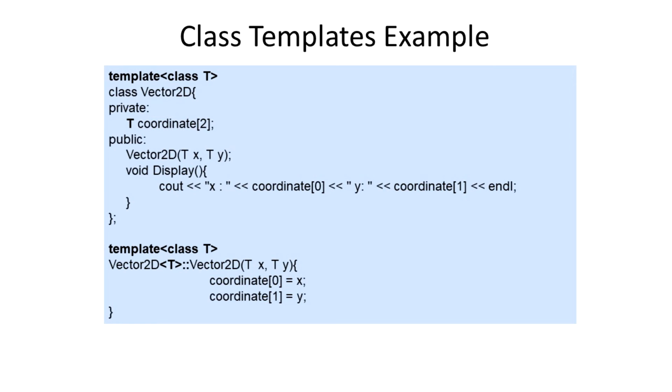of the Vector2D class. And so if we go back down to the bottom of the blue box here, the constructor definition, which is external to the class declaration, notice here that the line after the template specifier is the class name. We've omitted the return type, of course, because the constructor doesn't have a return type.